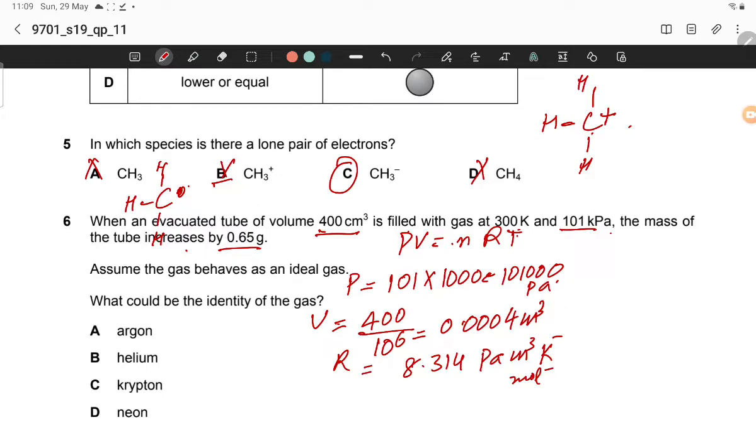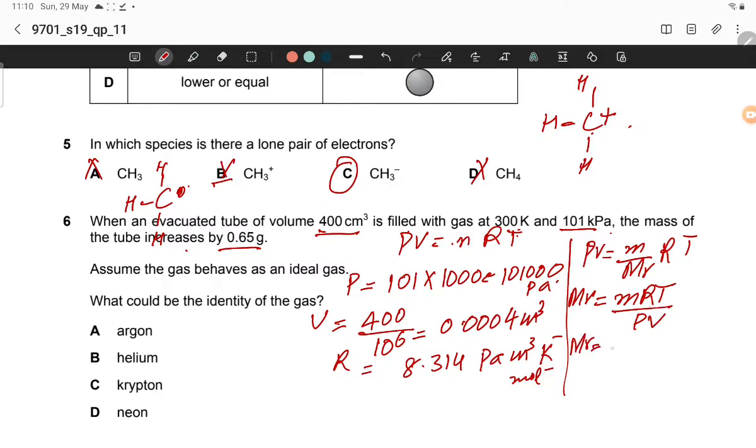So PV is equal to nRT, n is equal to mass over MR, so PV is equal to mass over MR times RT. So MR is equal to mRT over PV.